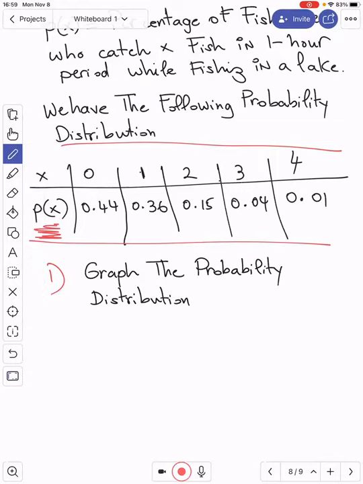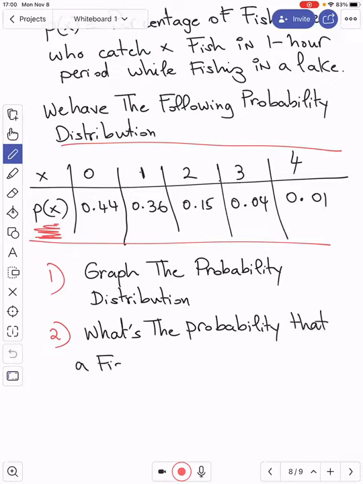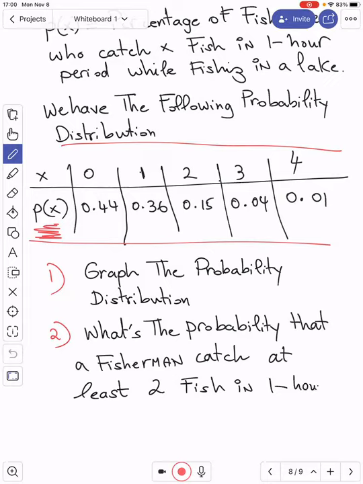Two, what's the probability that a fisherman catches at least two fish in a 1 hour period, right?